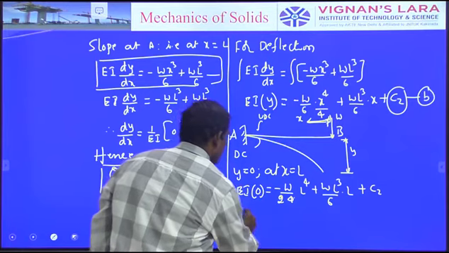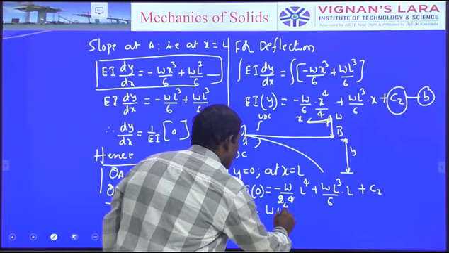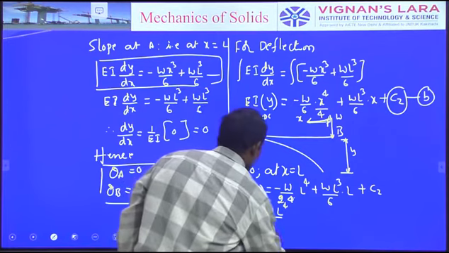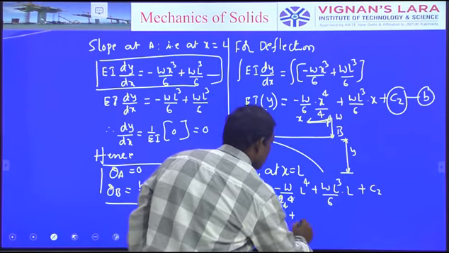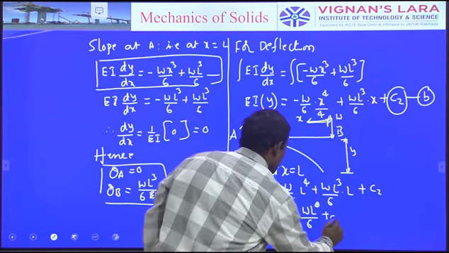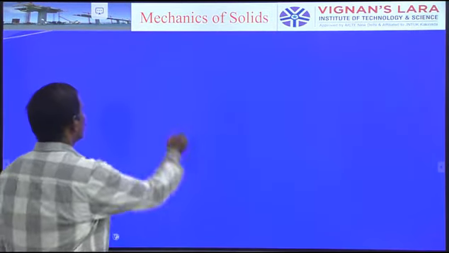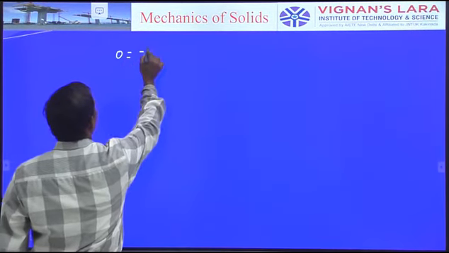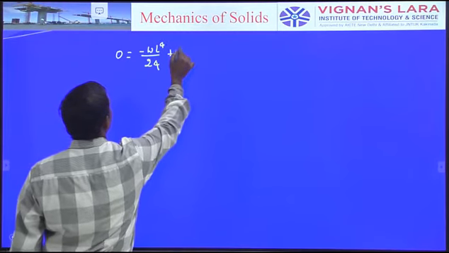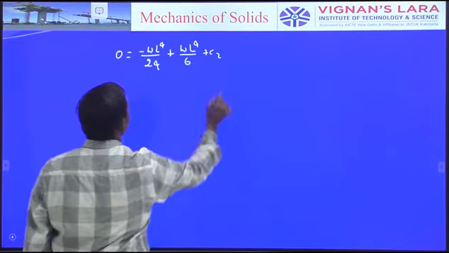So 0 is equal to minus WL power 4 by 24 plus WL power 4 by 6 plus C2.